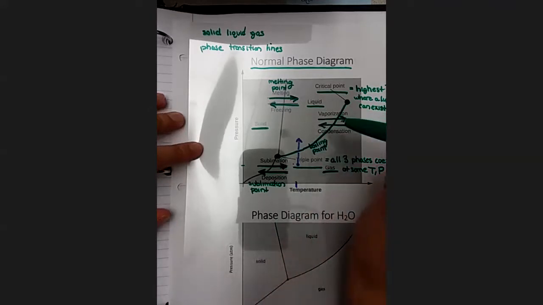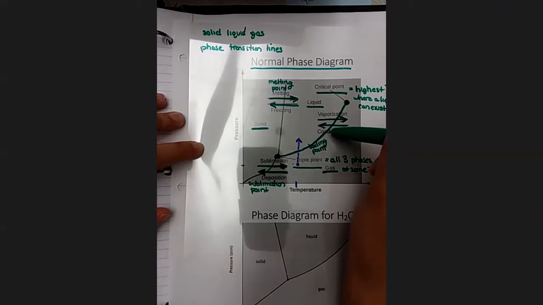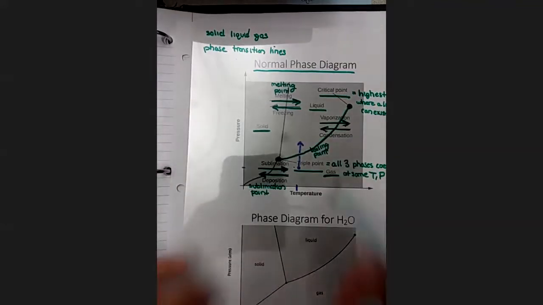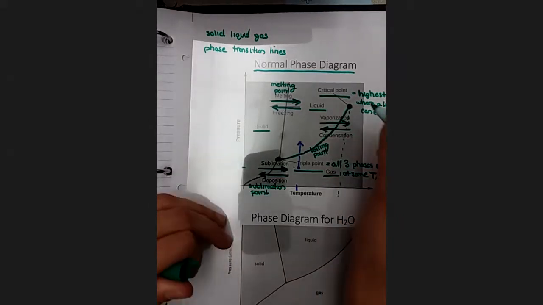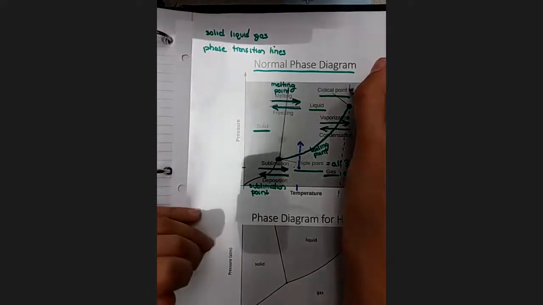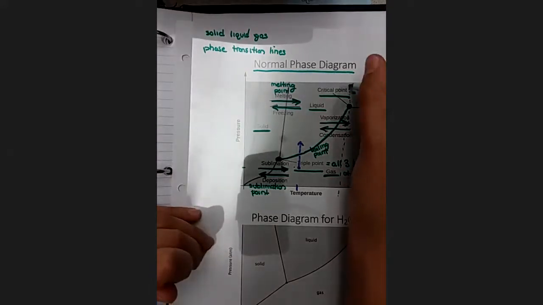So if we have a compound and it is a gas and we continue to increase the temperature and we move steadily to the right, once we reach the critical point temperature, you reach sort of a no man's land of the phase diagram over here.